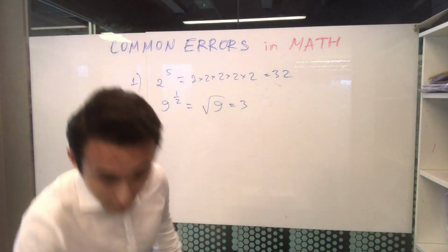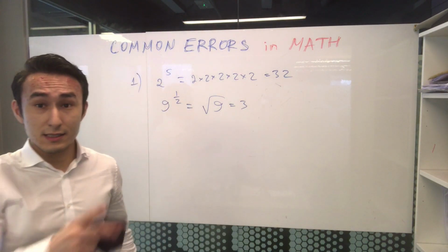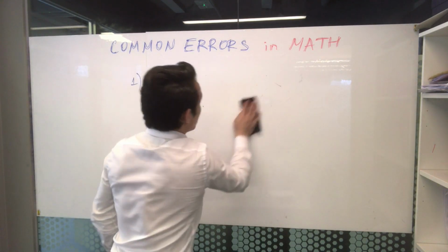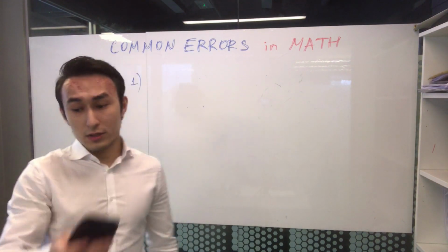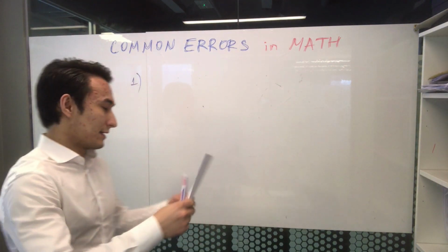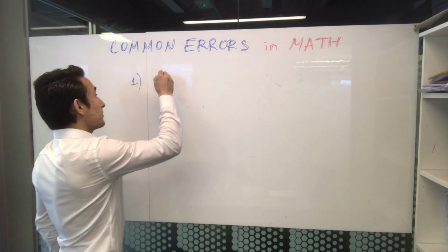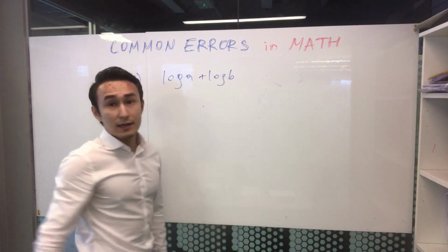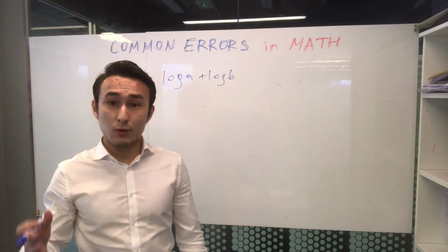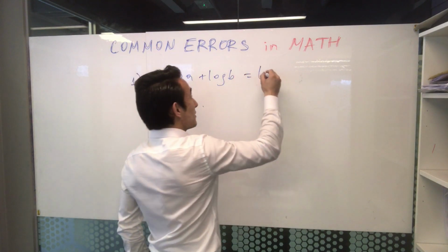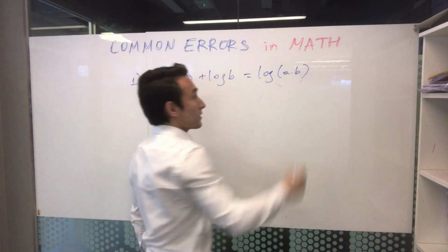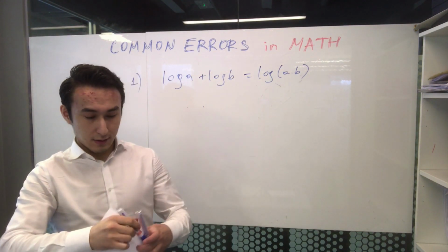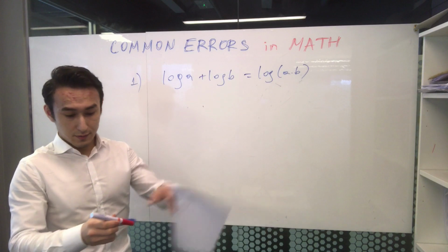Actually, maybe you knew this, maybe you didn't, but indices and logarithms are the reverse of one another. It's like plus and minus. Indices and logarithms are actually brothers and sisters. So, for example, we all know there's an identity for logarithms: log A plus log B will be equal to log A times B. This identity is true.